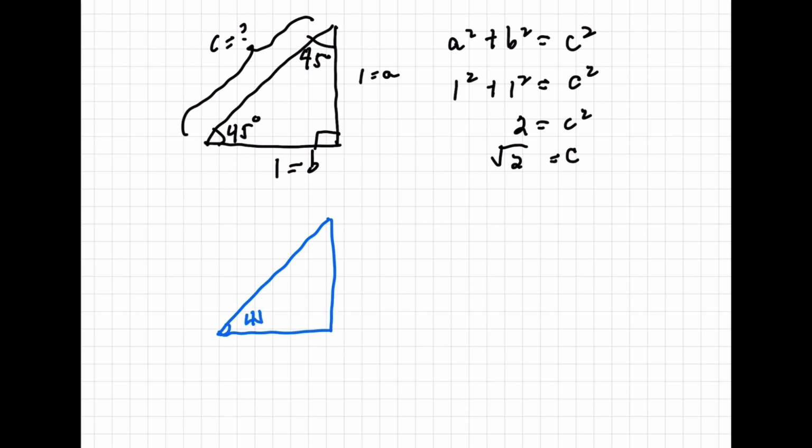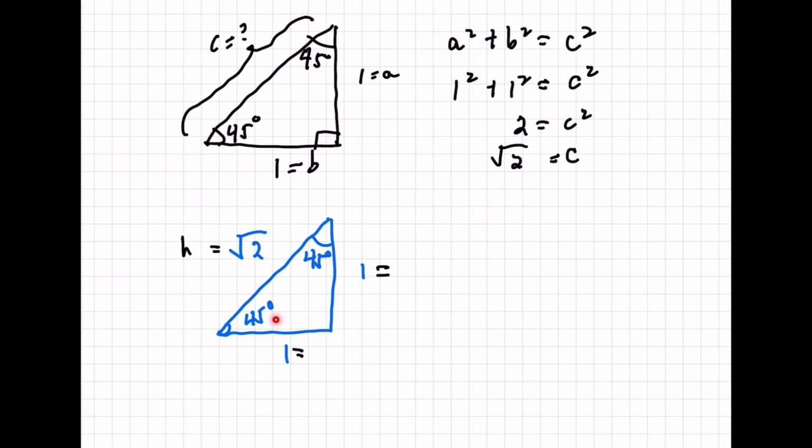So if you have 45 here and 45 there, and these are 1, and the longest is square root of 2, then you can just assign the variables for each. So we all know this is already the hypotenuse. Then what's adjacent?